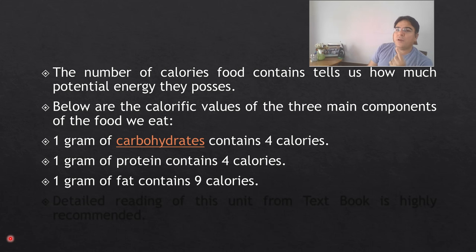In fact, 1 gram of fat can provide more energy than 1 gram of carbohydrate and protein combined. That's why we take a lot of fat when we are young, because we need more energy. But once we grow up, we try to reduce the fat content in our diets.